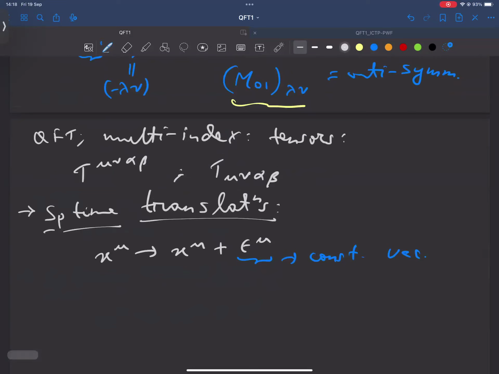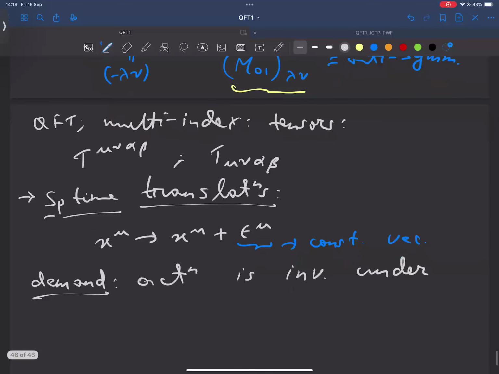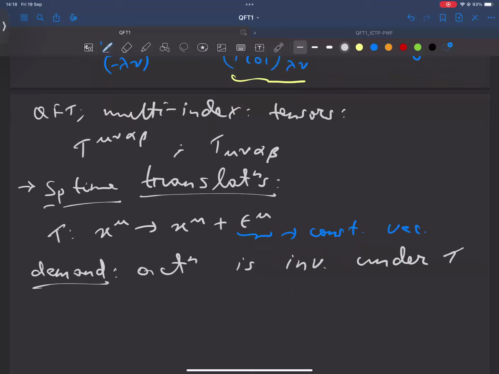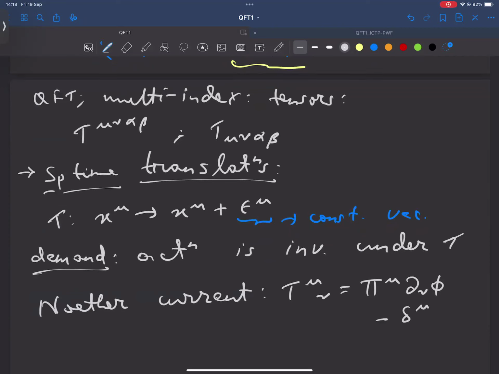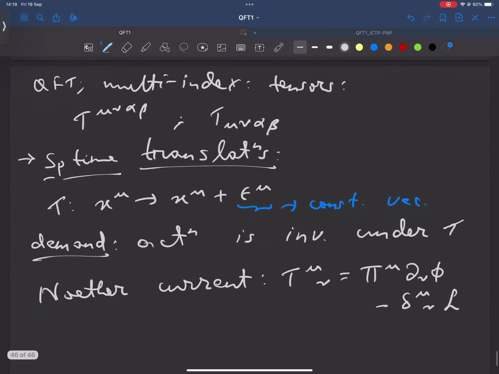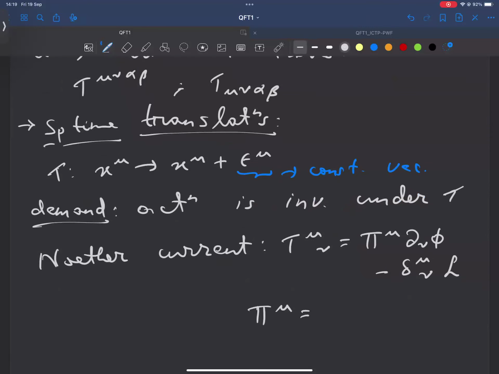Now, when we demanded that our action is invariant under this kind of a translation T, then we found the Noether current to be something like this: pi mu del nu phi minus delta mu nu, the Lagrangian, where this pi mu was defined to be this quantity del L by del mu phi.